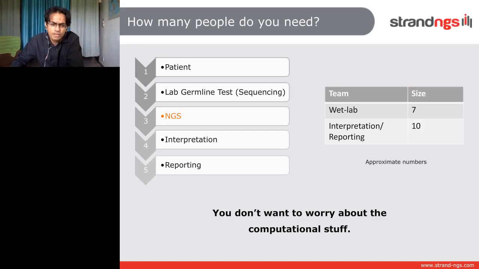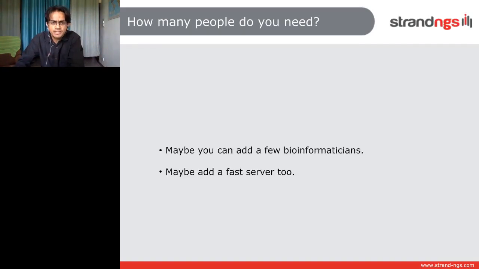Maybe you want to buy a server or something, and somehow offload the work that you have in the software itself, because according to you, it should be automatic. And maybe you can add a few bioinformaticians certainly to look at the output of the NGS software step, and add a fast server, and maybe you just want to forget about it.